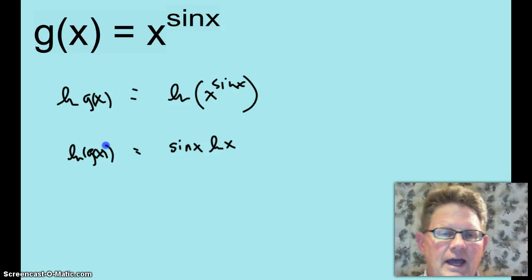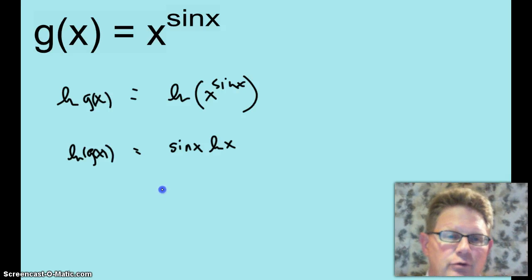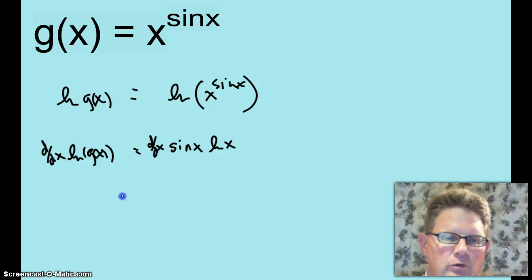Okay, so let's go ahead and take the derivative of both sides. That would equal, let's see here, product rule, two functions of x.